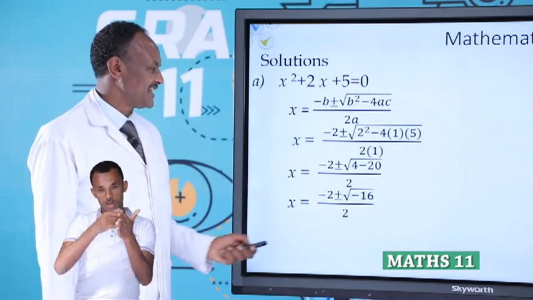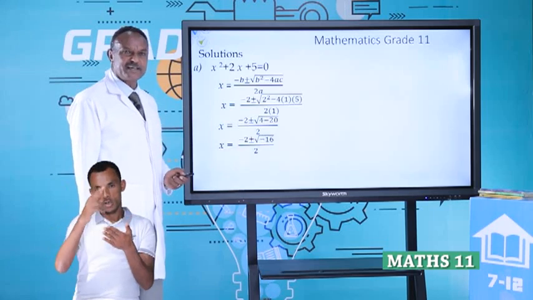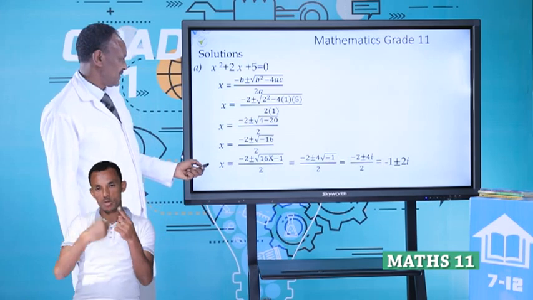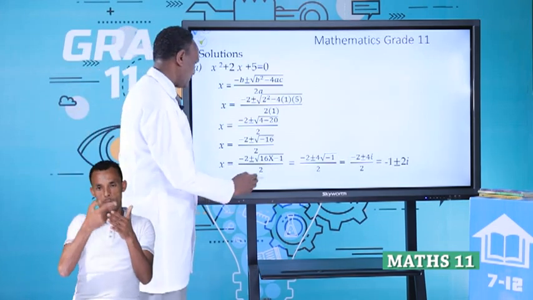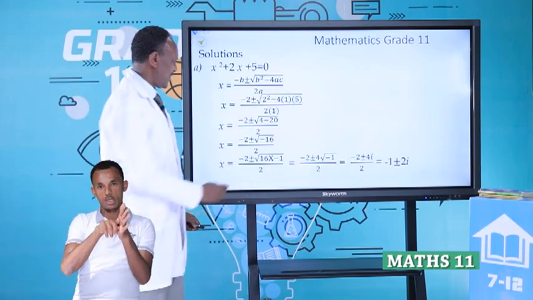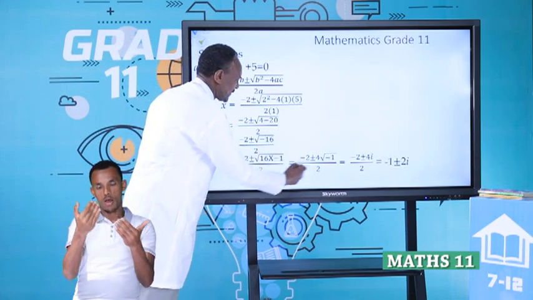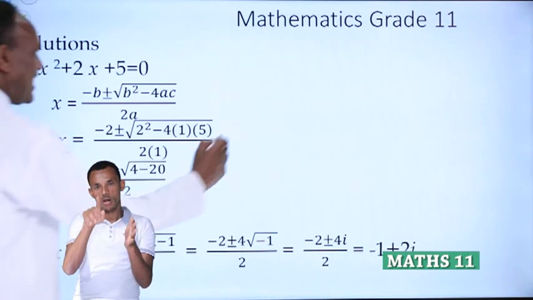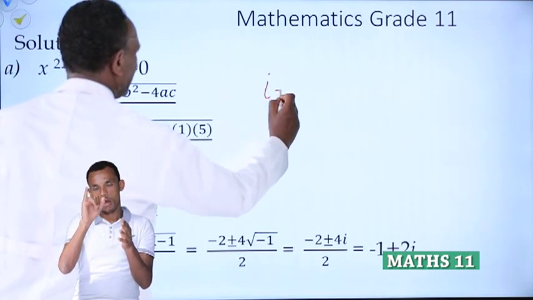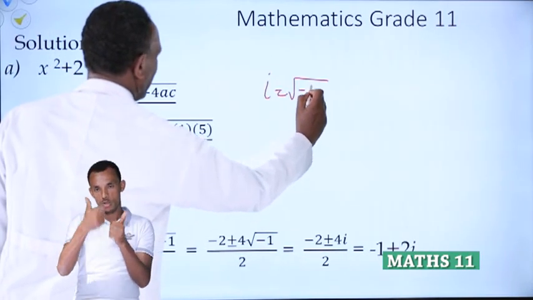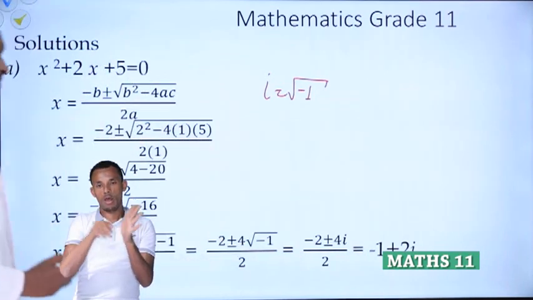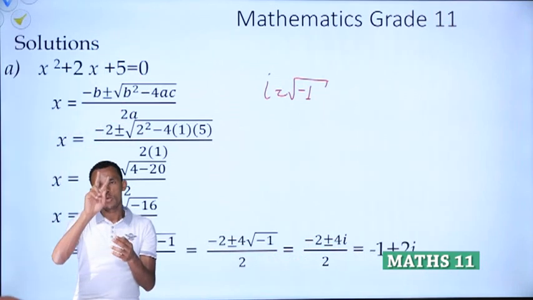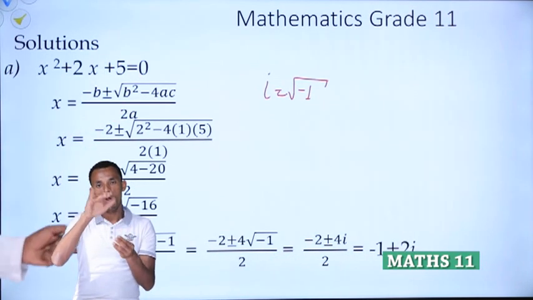But in the set of complex numbers, the square root of negative 16 can be simplified. You can write it as the square root of 16 times negative 1. The square root of 16 is 4, times root negative 1. But root negative 1, we have defined as i, the imaginary number represented by the square root of negative 1. So it will be negative 2 plus or minus 4i over 2.